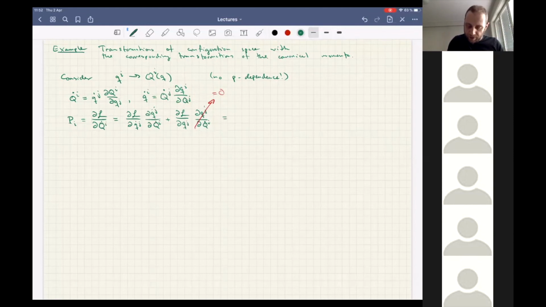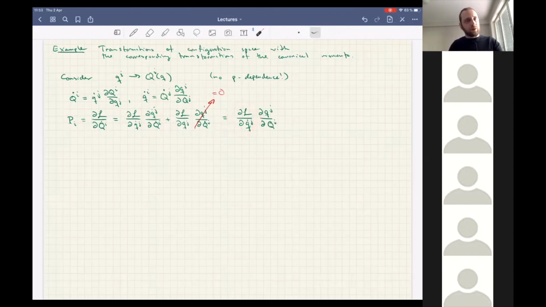This is sometimes called canceling the dots in this derivative. So this derivative becomes the same thing, just without dots. What I end up with is dL by dq dot j, and then dq j by dQ i.